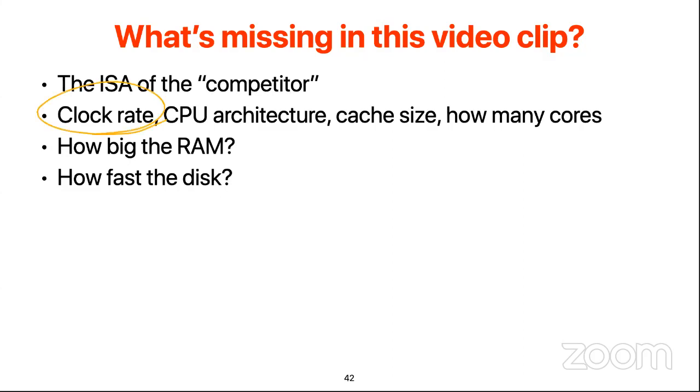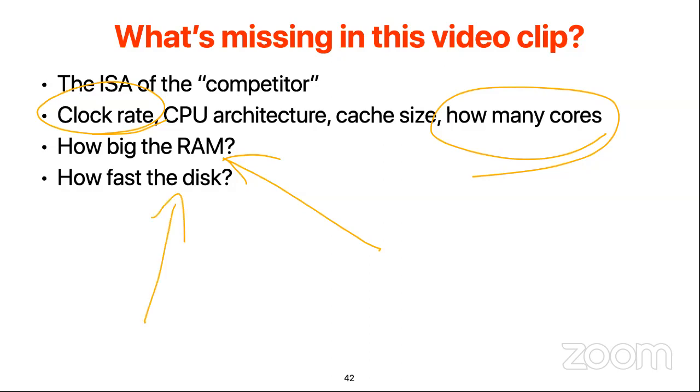Even for an Intel processor, we can pick just one processor and set the clock to be just 1 gigahertz. And what generation of the Intel processor? How many cores, as you mentioned? Those pieces of information are missing. And how big is the RAM? They use Firefox here, but how about Chrome? Because Chrome is very RAM consuming, right?